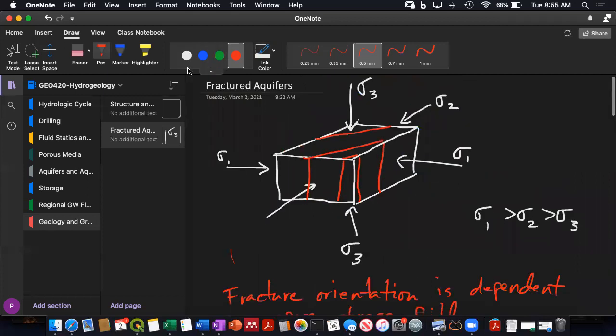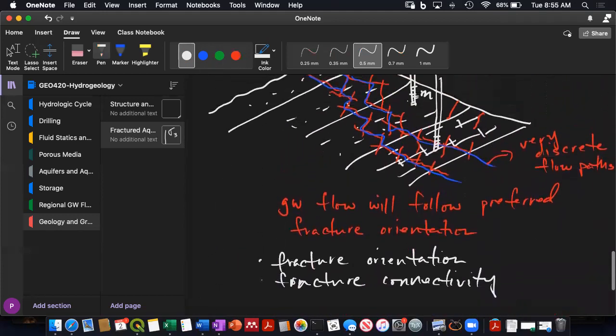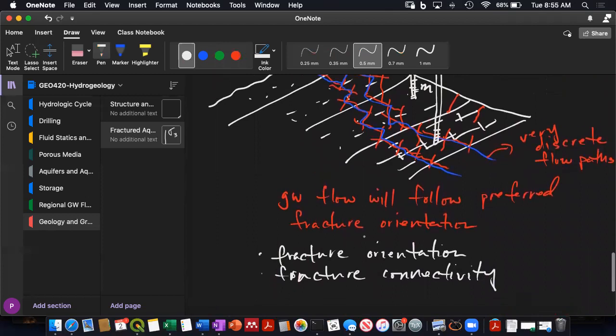And in general, because the hydraulic conductivity of fractures is so high, the fracture orientation will trump the bedding.